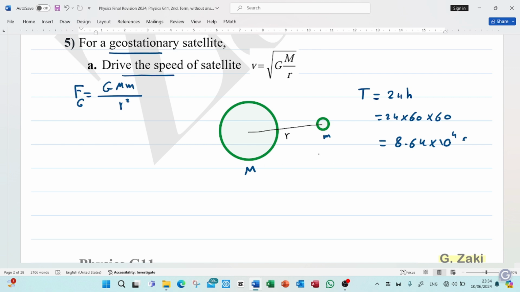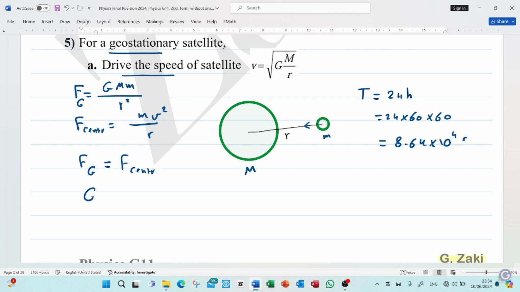But this gravitational force provides the centripetal force. The centripetal force is m v squared over r, which depends on the mass of the satellite. They are the same, so Fg, the gravitational force, is the centripetal force.